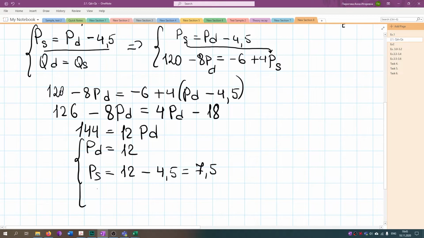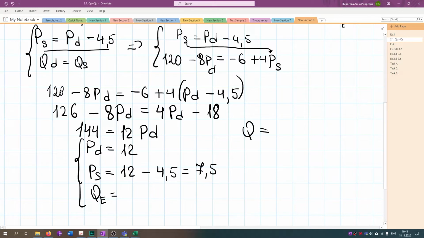Great. And now let's find our equilibrium quantity. We need to either put the price for buyers into the function for quantity demanded, or we can put the price for suppliers into the function of quantity supplied.